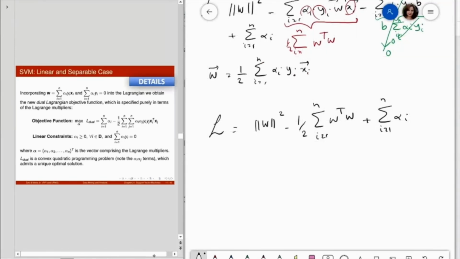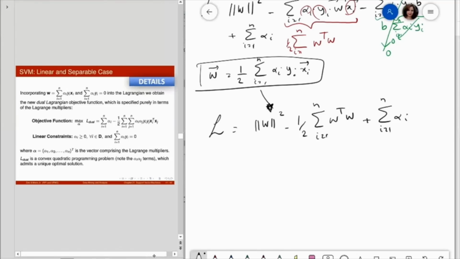Again, if I put this back into this equation, because I want to represent L only in terms of alpha, so that if I take the derivative with respect to alpha, I get whatever is in terms of alpha without depending on W, so that I can calculate the alpha i's directly.